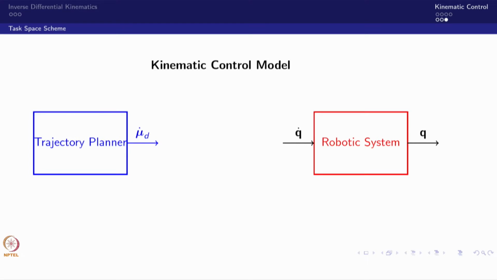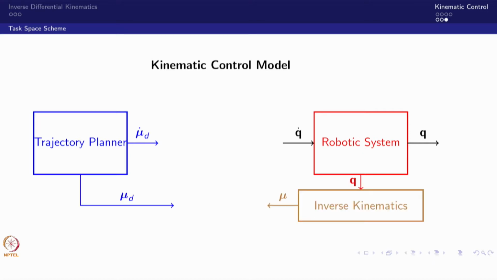So now we need mu, right. The mu we have to get from forward kinematics, okay. So this I have written as inverse, but this is supposed to be written as forward kinematics. Please correct it. I will correct it in the handout. So once you know this forward kinematics, you can see that the mu would be obtained.